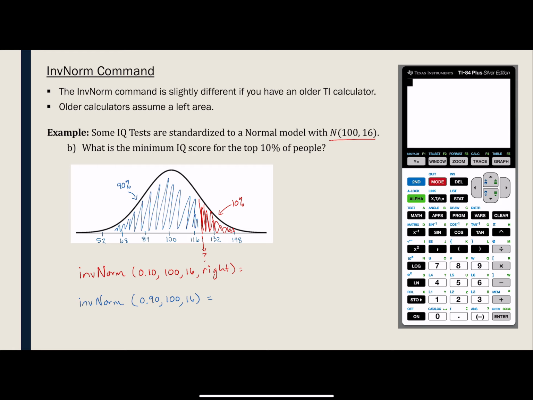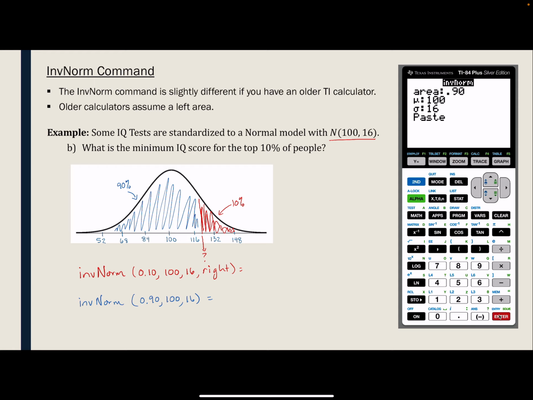So let me run the video here. So you're still going to go to second vars, go down to inverse norm, and notice it just gives me area, mean, and standard deviation. So the area is 90%, mean is 100, and standard deviation is 16.